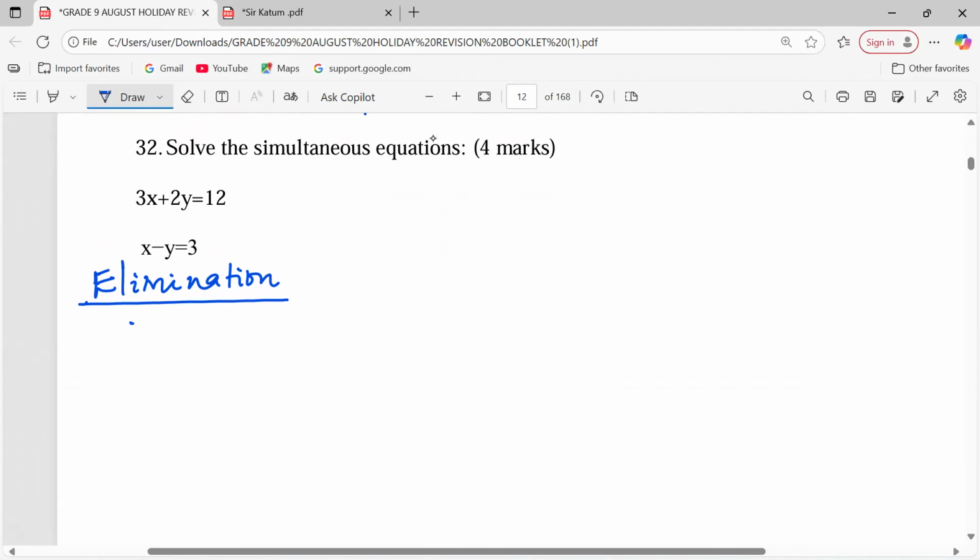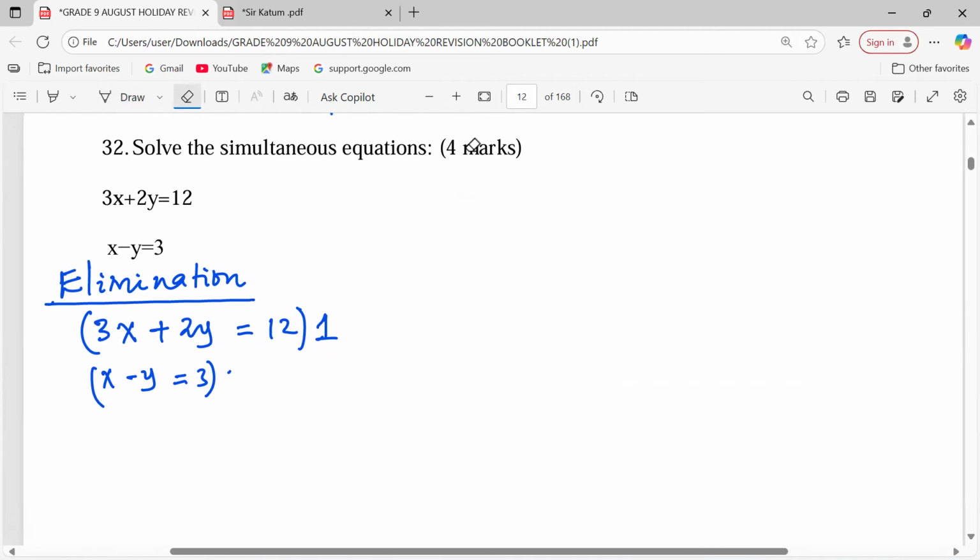First, the first equation, 3x plus 2y equals 12, can be multiplied by the coefficient of x in equation 2, which is just 1. Then equation 2, x minus y equals 3, we multiply it by 3, since the coefficient of x in equation 1 is 3.